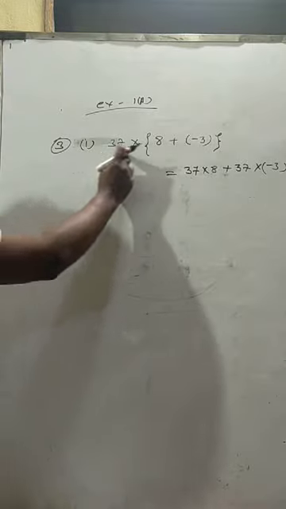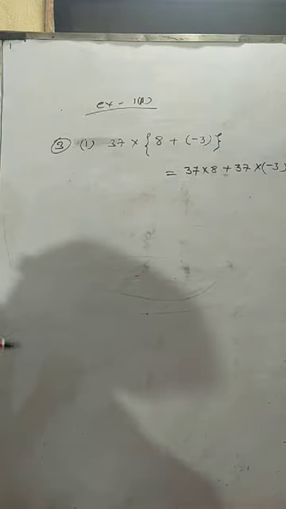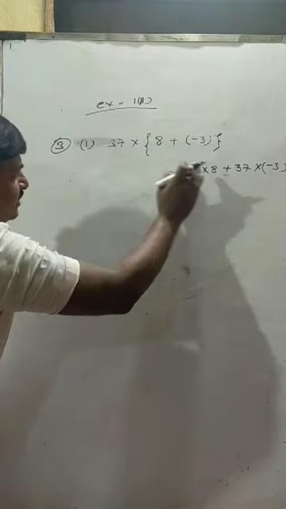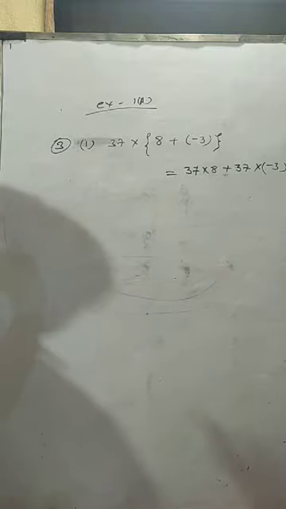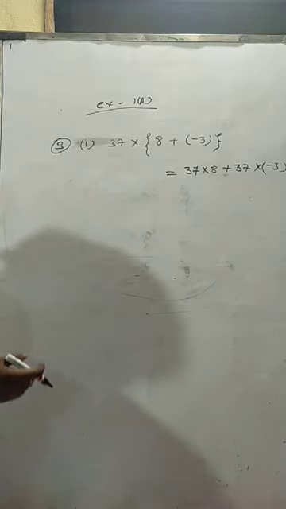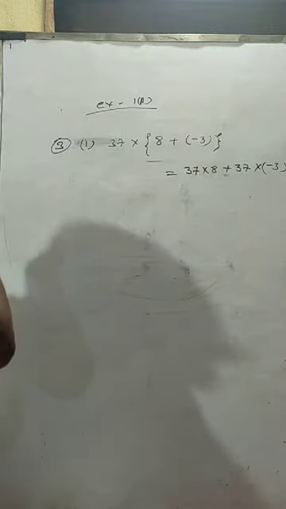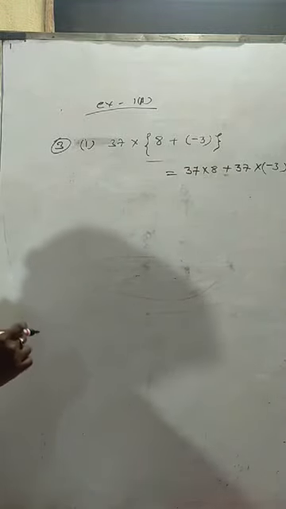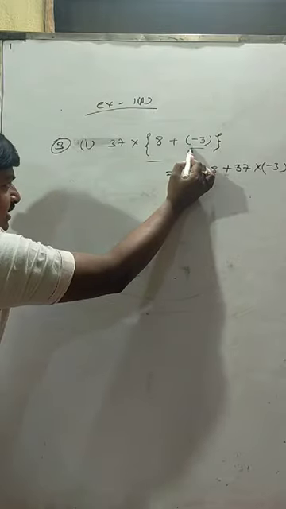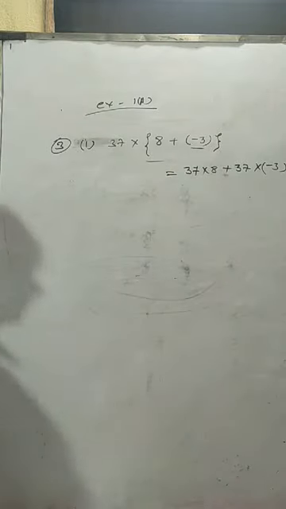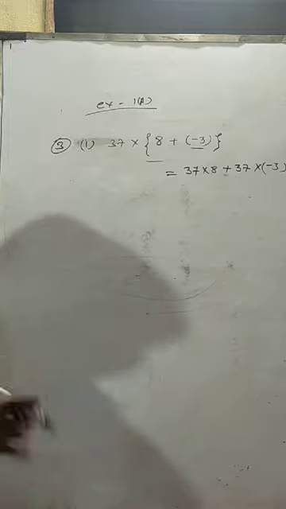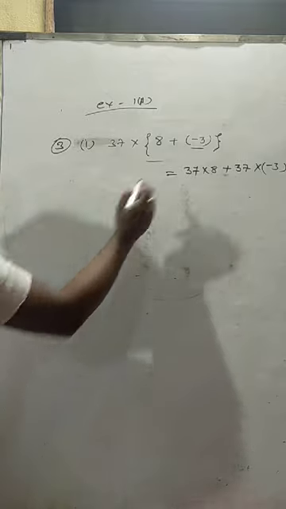Let's find this side. Before starting the solution, you know that we will solve the expression under brackets first. Solution always begins from the smallest bracket. In the next exercise I will teach you that.